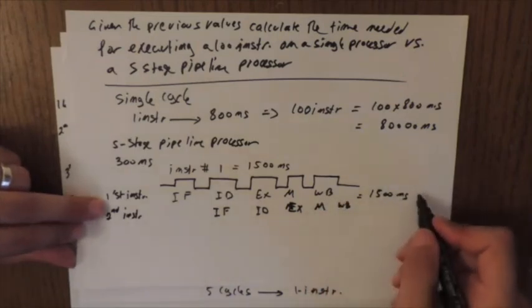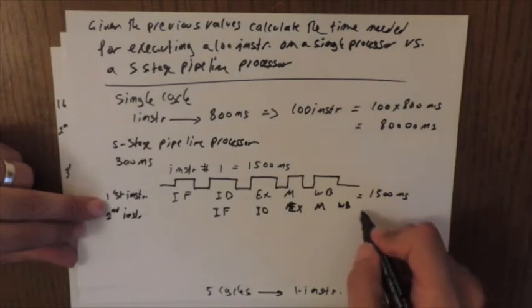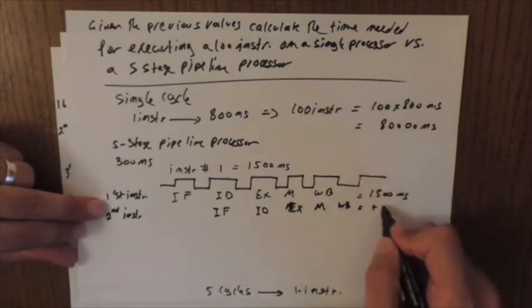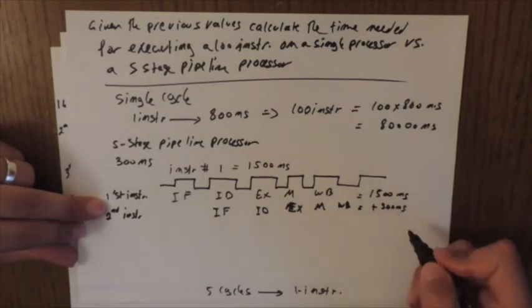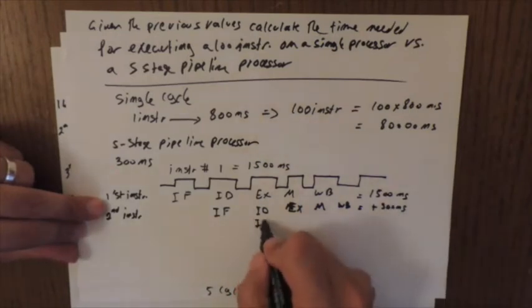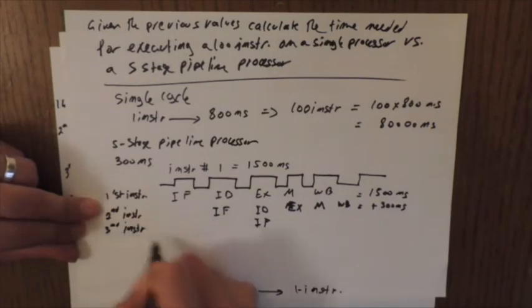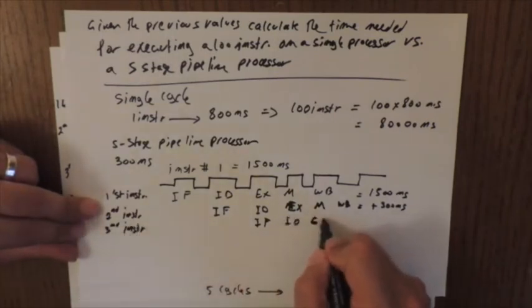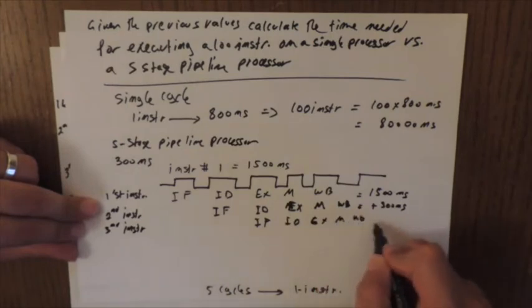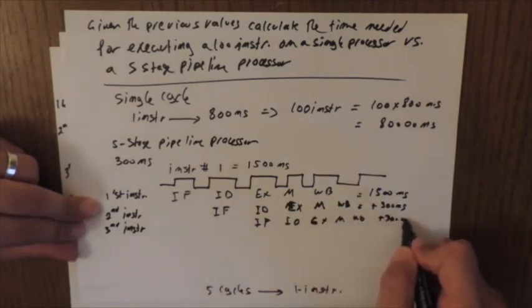So if this takes 1,500 nanoseconds, then this will take an additional 300 nanoseconds. So if I continue with my third instruction, this will take another 300 nanoseconds.